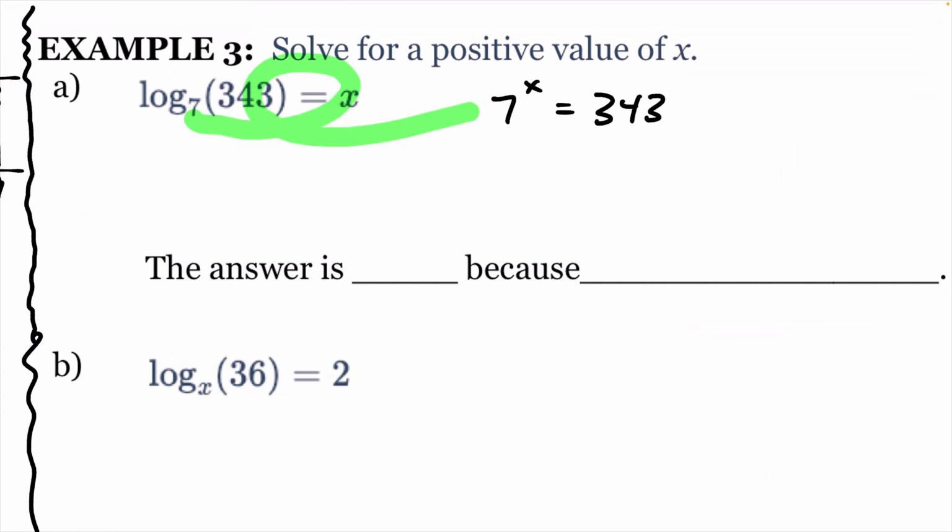Use your calculator. What power would give 7 to make 343? 3, yeah. The missing power is 3, because 7 to the third power equals 343.